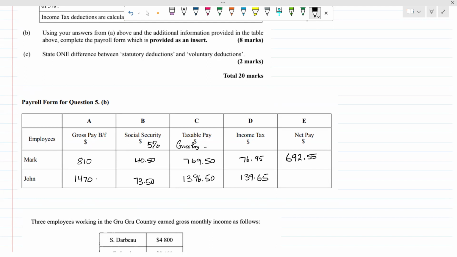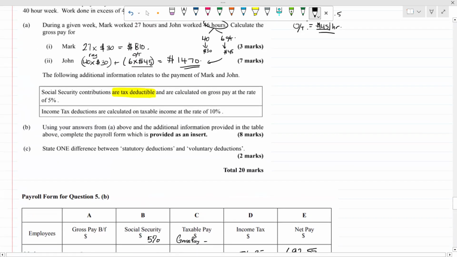Yeah, good there now? All right, lovely. So 1470 minus the 73.50 minus the 139.65, I get in here now 1256.85. Yeah, we all right with that?